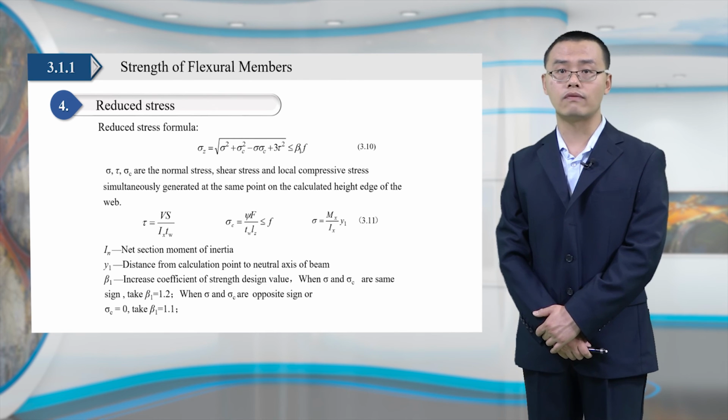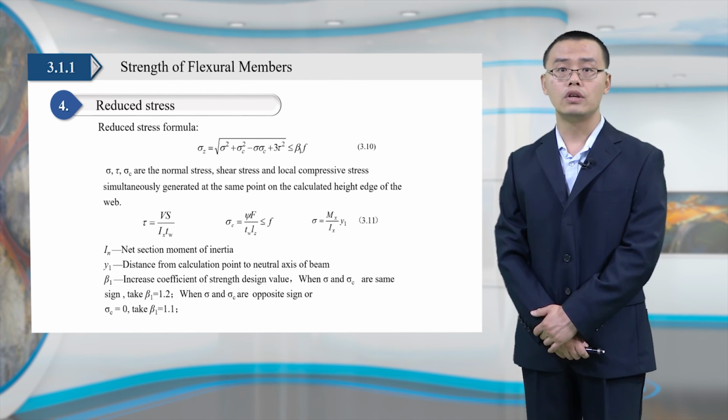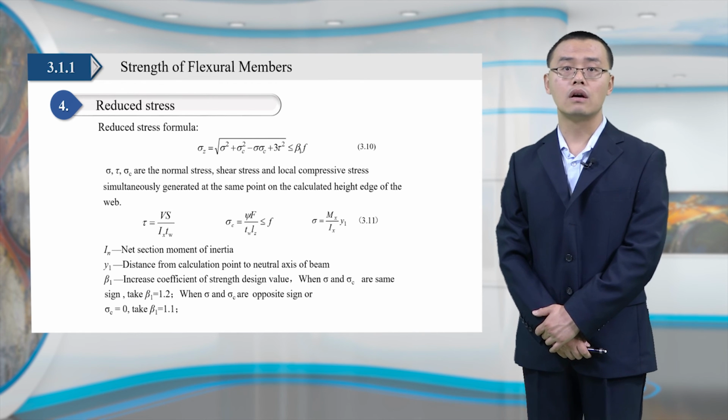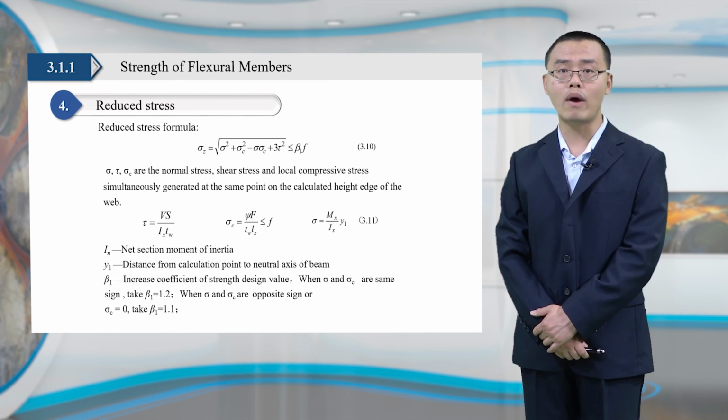Y1 is the distance from the calculation point to the neutral axis of the beam. Beta 1 is the increase coefficient of strength design value. When sigma and sigma c are the same sign, take beta 1 as 1.2. When sigma and sigma c are opposite signs or sigma c is 0, take beta 1 as 1.1.